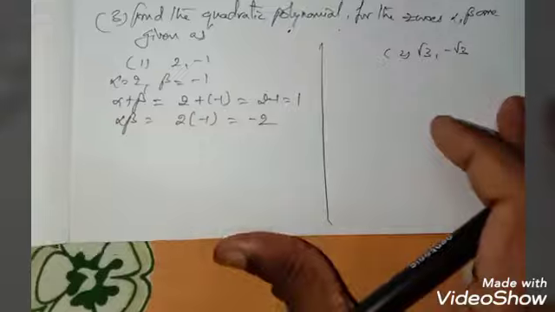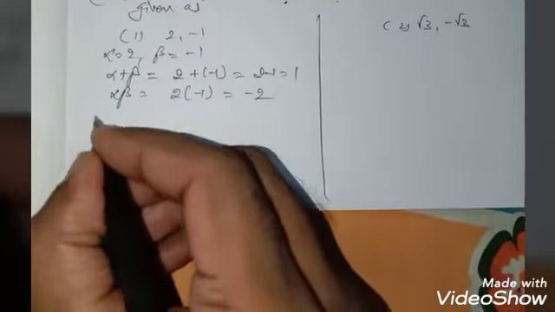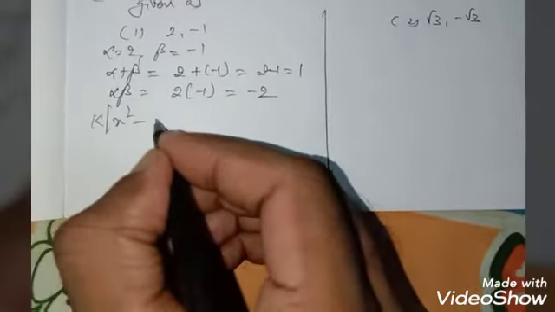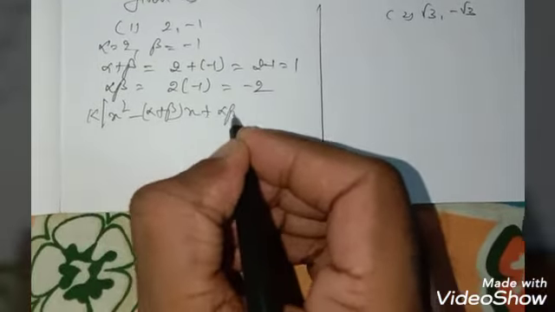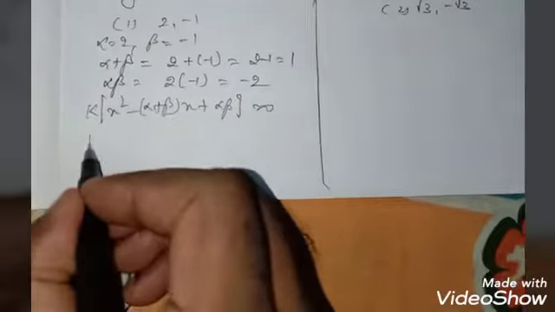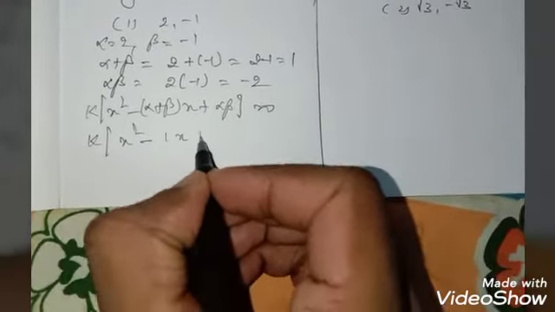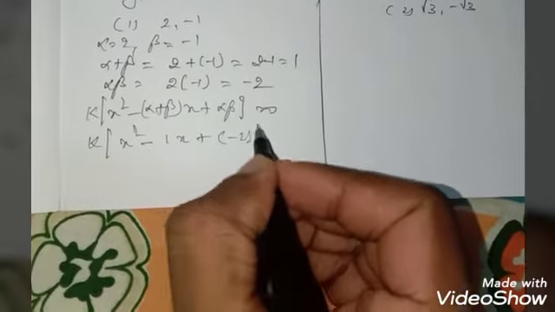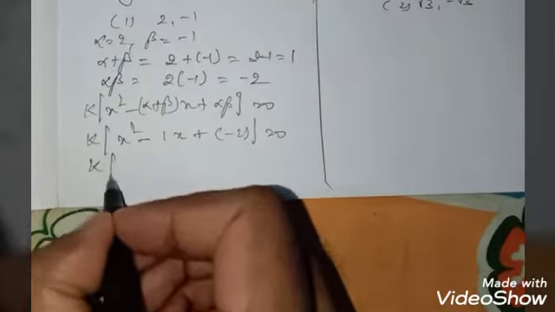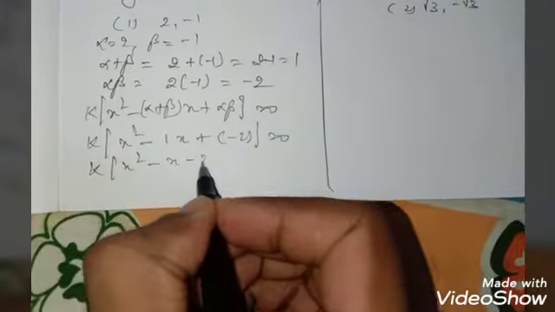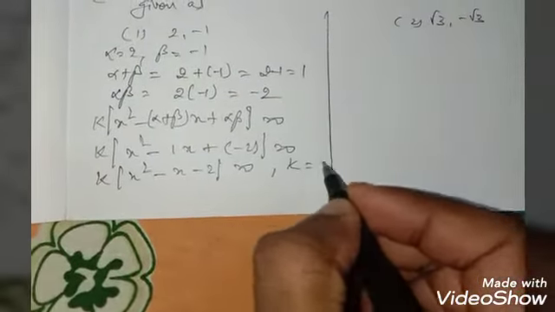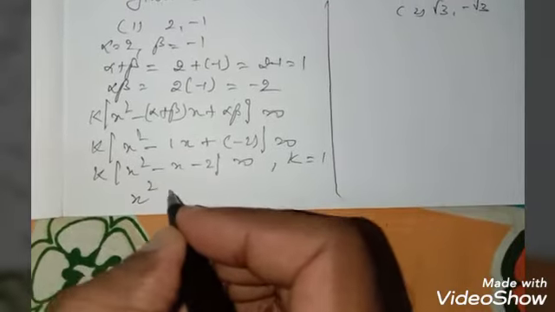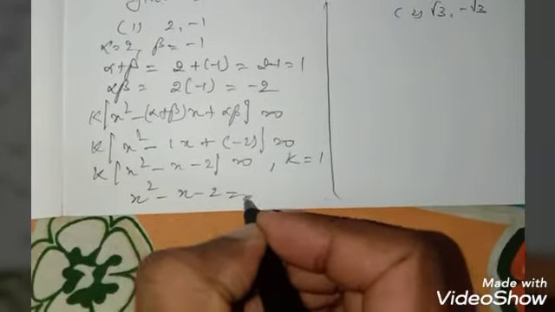So after getting the values of alpha plus beta and alpha beta, go with the standard equation, that is x square minus alpha plus beta into x plus alpha beta is equal to 0. That is k into x square minus alpha plus beta, which is 1, x plus alpha beta, which is minus 2, is equal to 0. So I can write x square minus x minus 2 equal to 0. As you don't have any denominator, I can assume k is equal to 1. So my equation is x square minus x minus 2 equal to 0.